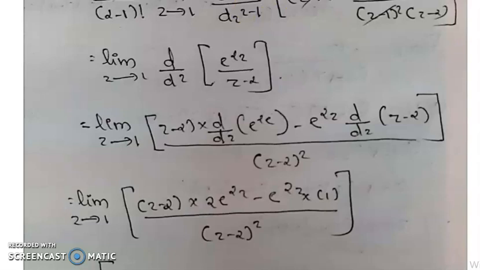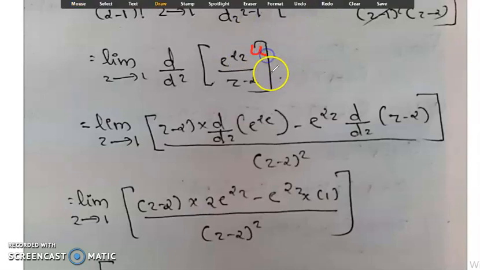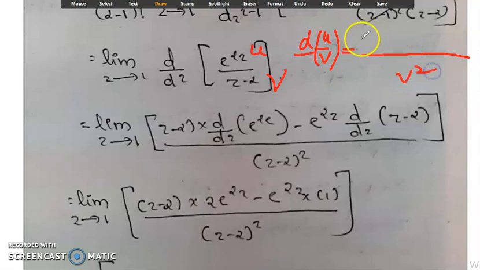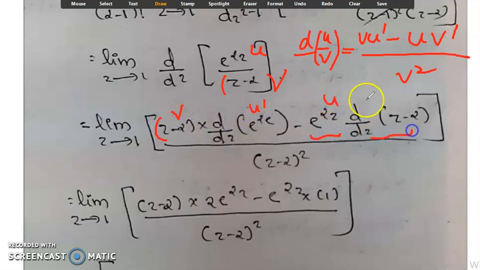What about the u by v form? This is u and this is v. Derivative of u/v is (v u′ − u v′)/v². So v into u′, then u into v′, by v². v into the derivative of e^(2z), which is 2e^(2z), minus e^(2z), whose derivative factor is 1.